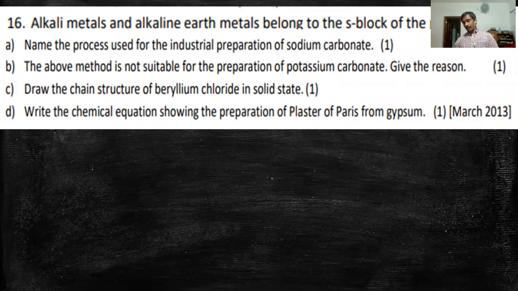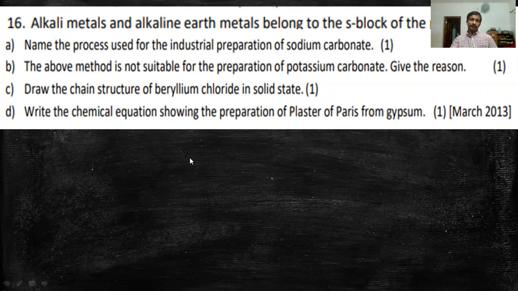In the Solvay process, the first step is production of sodium bicarbonate, which is comparatively less soluble in water, so it can be precipitated and separated. If we use the same method for potassium carbonate, first we have to produce potassium bicarbonate. That is highly soluble in water, therefore precipitation and separation is very difficult. So we cannot use it.